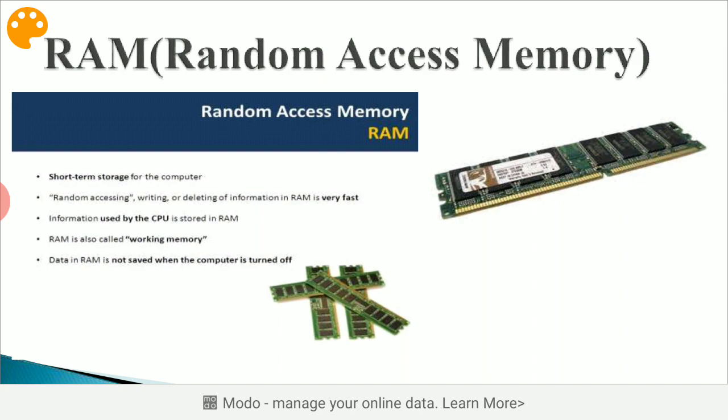It means your drawing was being saved temporarily in RAM. But as the laptop got turned off, the RAM cleared all its memory. That is what RAM does. It saves your data temporarily. So in this picture, you can see it is a RAM.